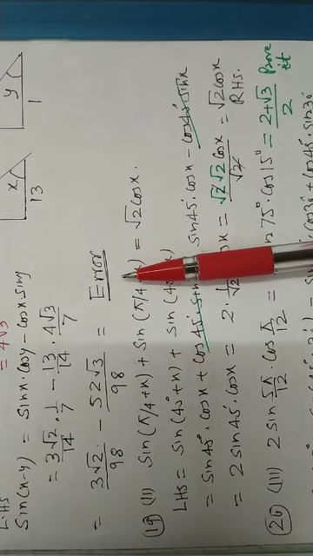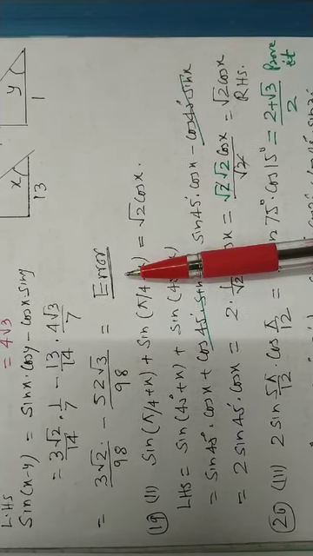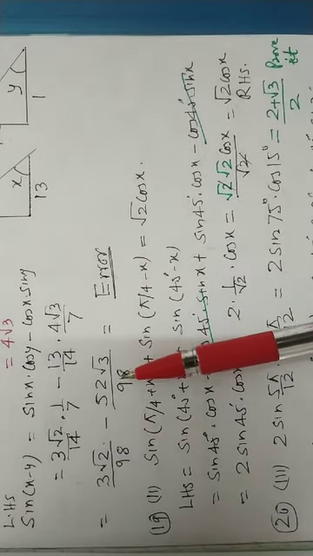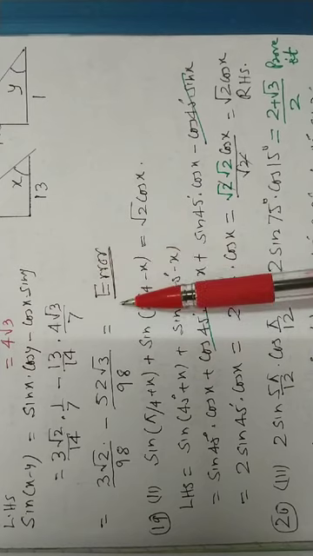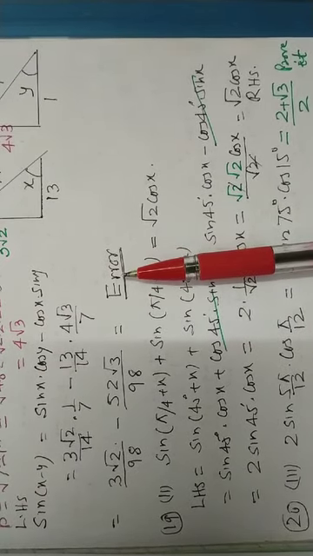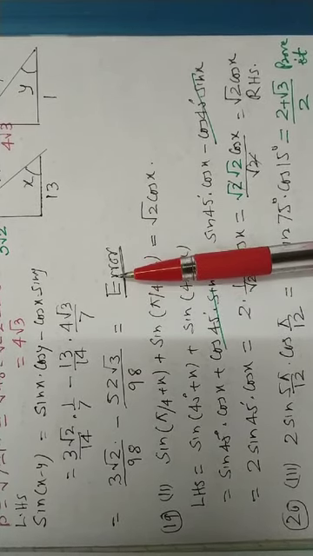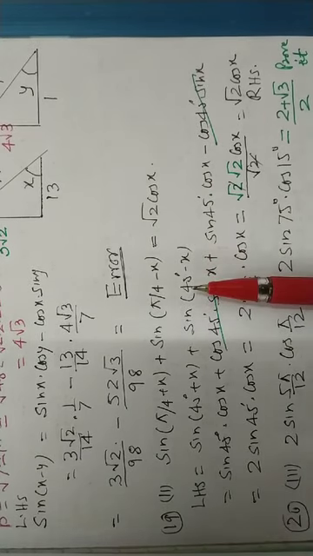It means there is an error in the problem, so due to the error in the problem, the proof is not conducted. Don't be bothered. You have proceeded according to the instruction and according to the mathematical rule, so you can write error finally. The proof is not conducted.